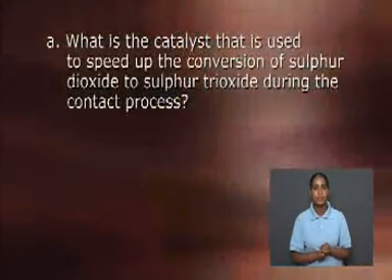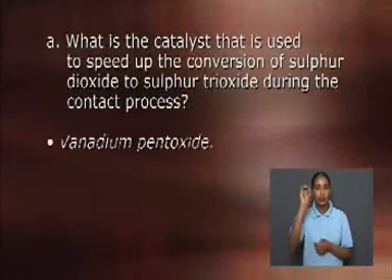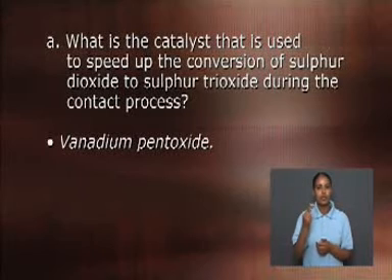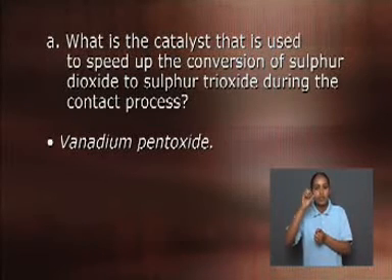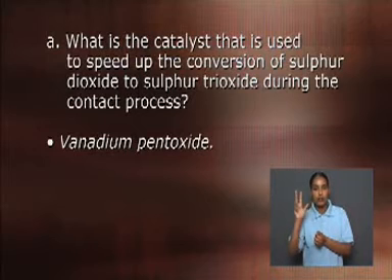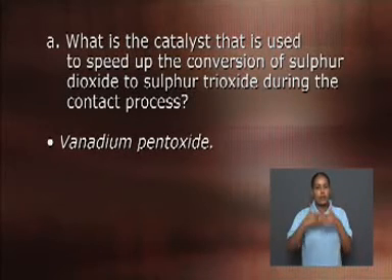Hello again, students. Let us answer these 3 questions together. Vanadium pentoxide is used as a catalyst to speed up the conversion of sulfur dioxide to sulfur trioxide during the contact process.